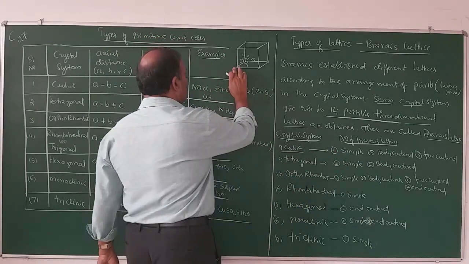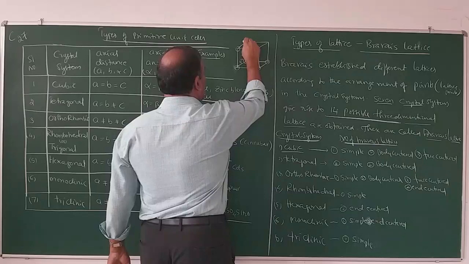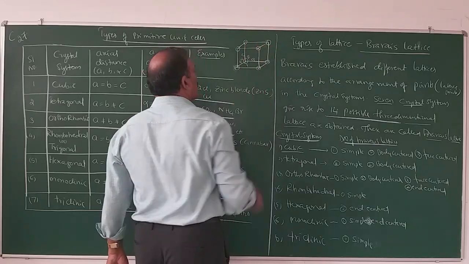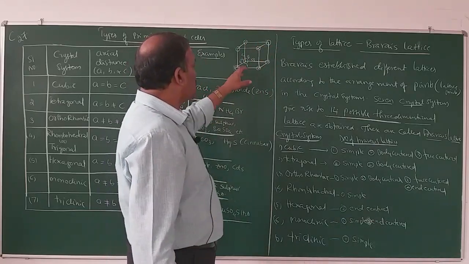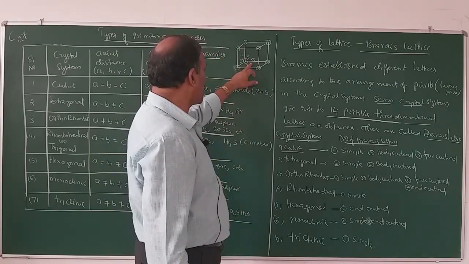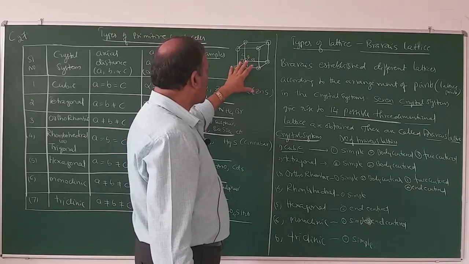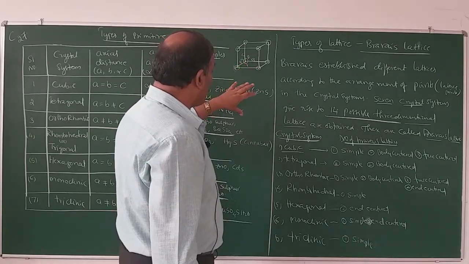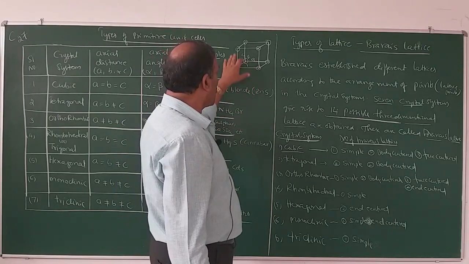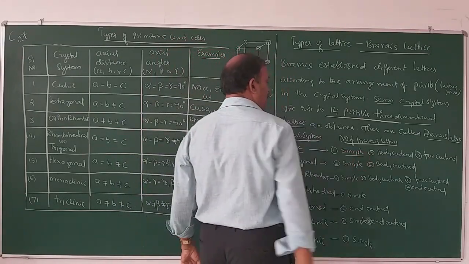What is the meaning of simple? Number one, this is one structure. Points are available only at the corners. So if A equals B equals C, alpha equals beta equals gamma, and if the particles are arranged only at the corners, it will become simple.